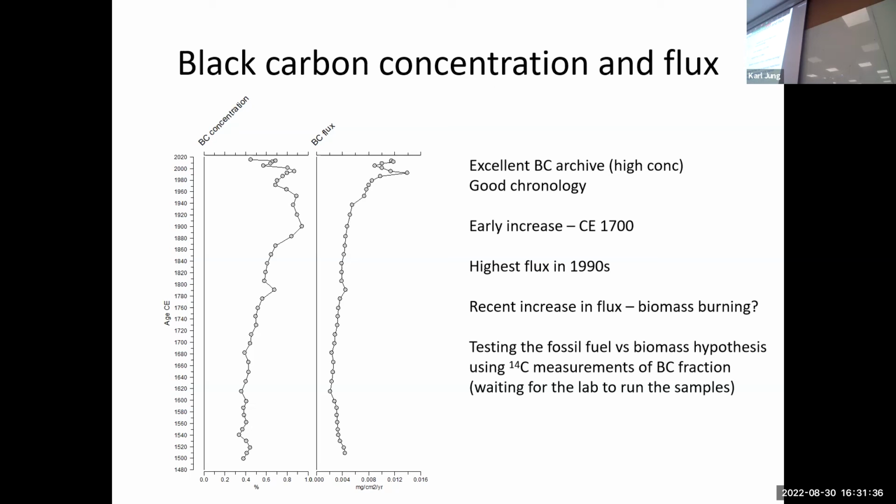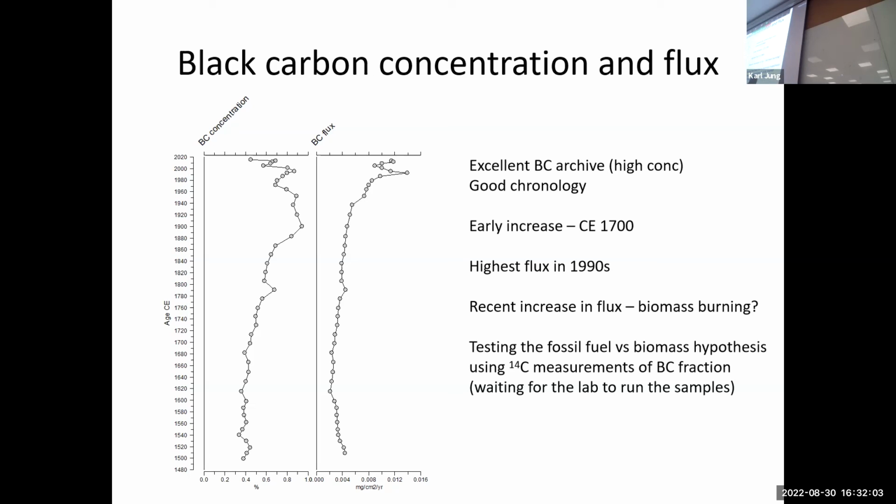So for some reason, we get good preservation of black carbon. I've never seen these high concentrations in any core I've worked on. So it seems to be a very good archive for black carbon. Probably because basically no particles are leaving this system, and there's very little inflow of minerogenic matter. So it's just a very high organic matter content.